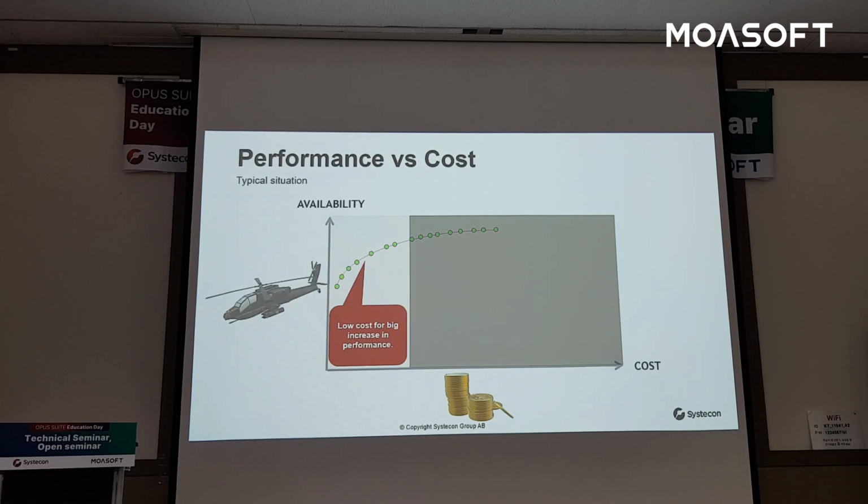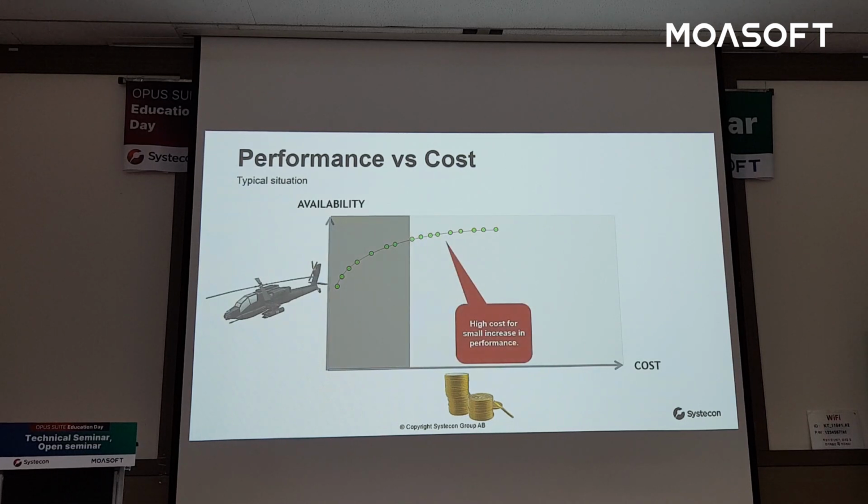It means that the curve is pretty steep. So by small additions in cost, we get a lot of availability increase. However, as we move higher up on the curve, it will be a much higher cost for small increases in performance. That's kind of natural. To try to push it a little bit more will cost more and more the higher we go.